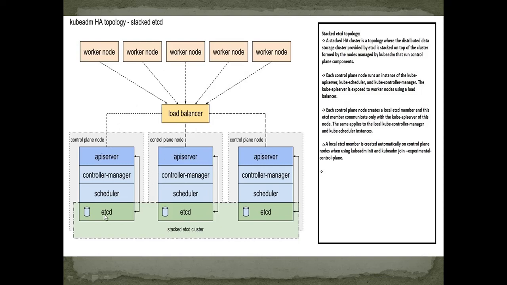So etcd will be on all the 3 master nodes, and the API server will communicate with etcd and with the load balancer, and the load balancer will serve as the API endpoint for the other worker nodes in the infrastructure.